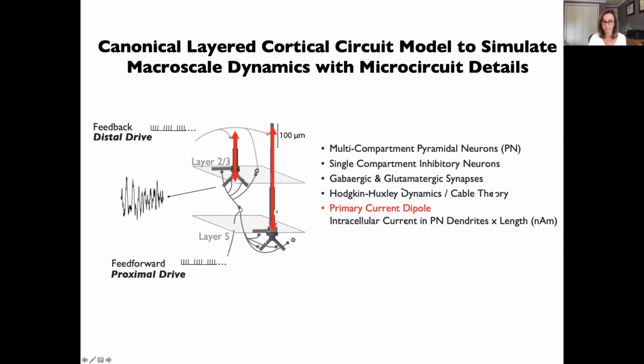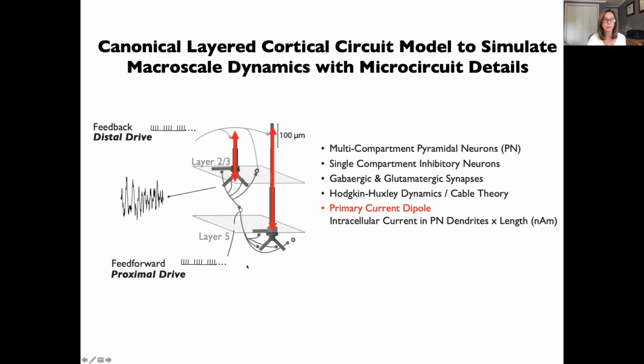And as I mentioned, it's important to consider that these circuits don't sit in isolation, but they're constantly receiving input from other parts of the brain. And we have these two pathways of input, a feed-forward pathway and a feedback pathway. Now, in our model, we don't simulate the activity of all these other brain areas.